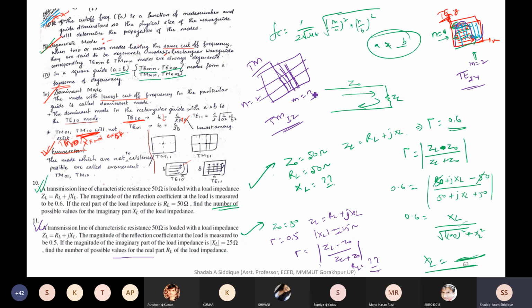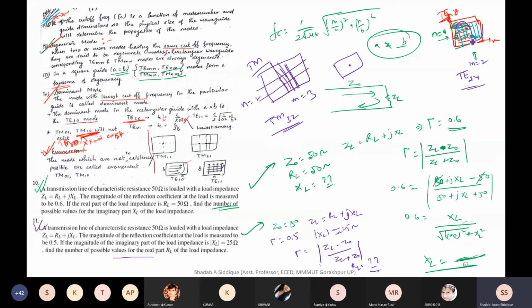TM with m equal to 0 and n equal to 0 is not possible, because if you take even a single point, its representation will be m equal to 1 and n equal to 1. A single line will cut at least. So m equal to 0 and n equal to 0 is not at all possible.